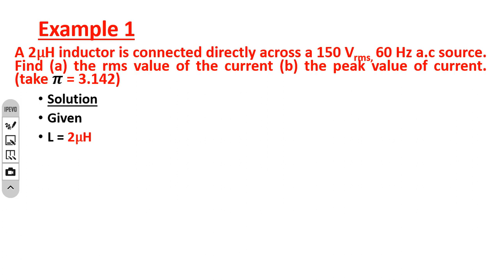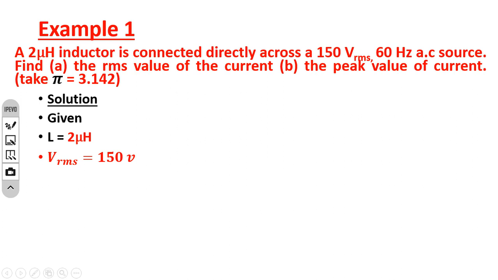So looking at the first one, we have an inductor, 2 microhenry. Remember, the micro there could be written in index form as 10 to the power minus 6. So in case you see something like that, you should not be confused. What quantity do we have according to the equation? Root mean square voltage, 150 volts.